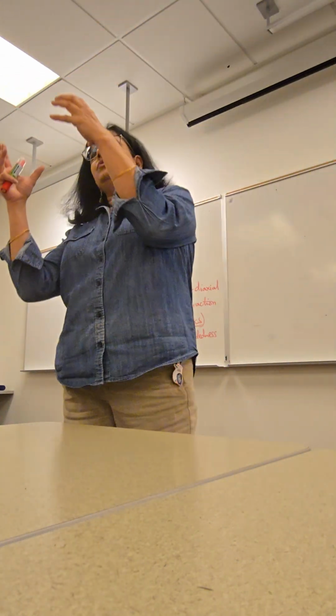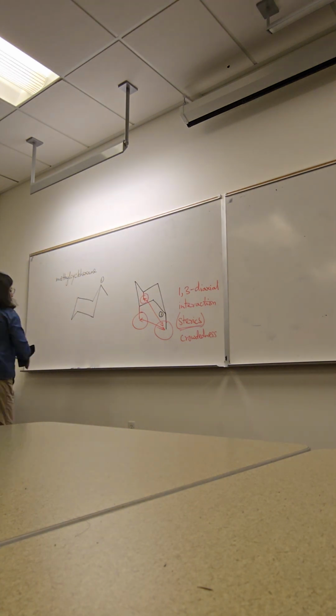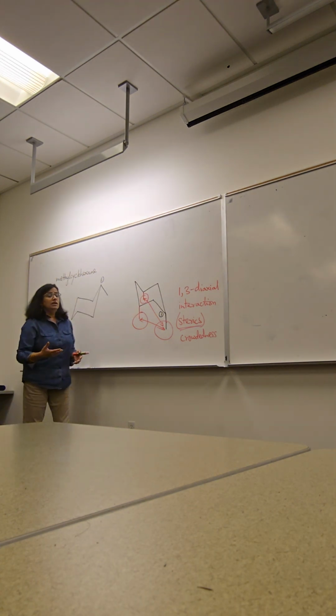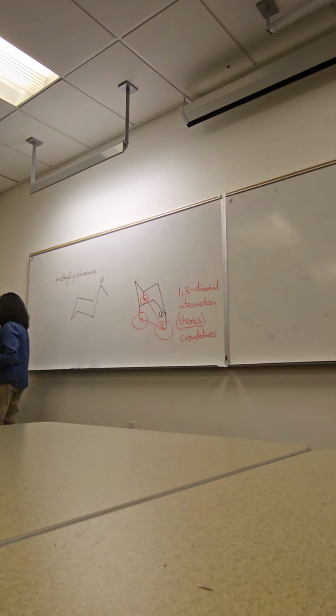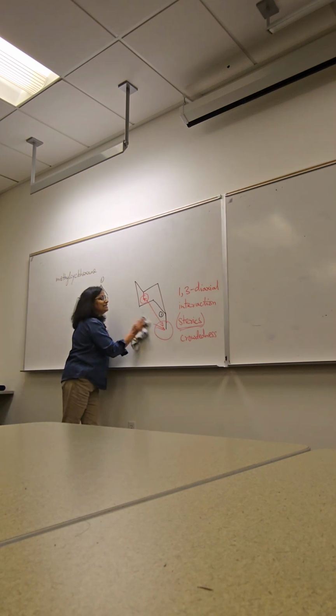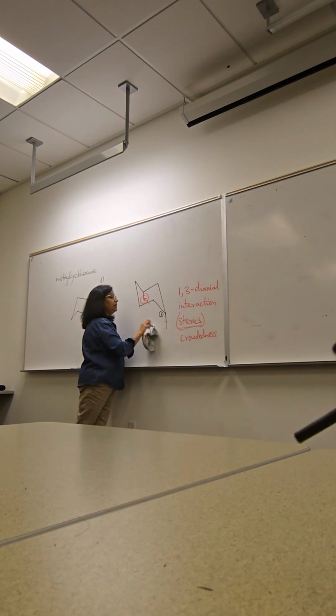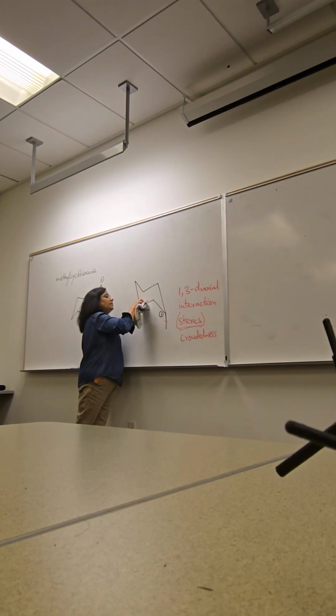When a group is in the equatorial position, they're all on the outside, so they do not have these unfavorable interactions to deal with. So point number 1, please make a note. Axial position is less stable than the equatorial position. You guys with me? Everybody okay?